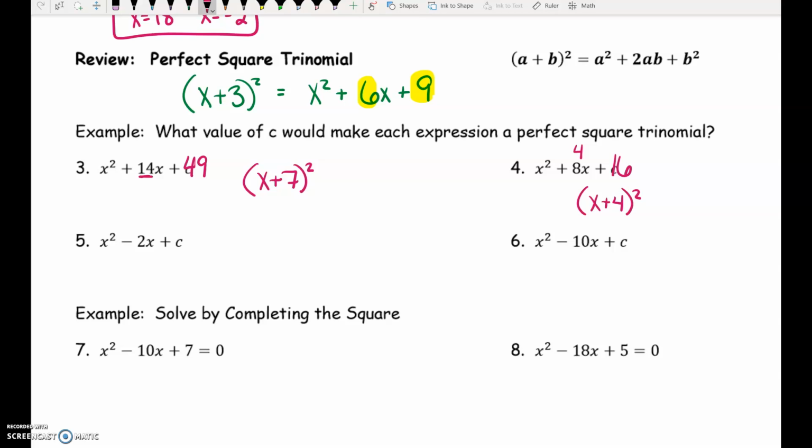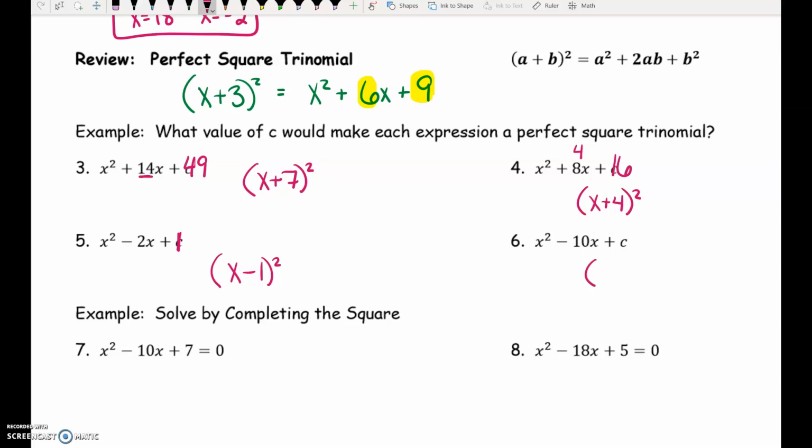Okay, 5 is a tough one. What's half of negative 2? Negative 1. What is negative 1 squared? 1. Number 6.